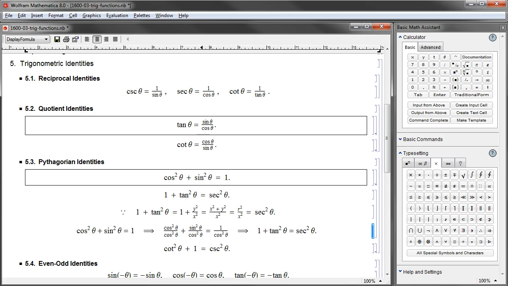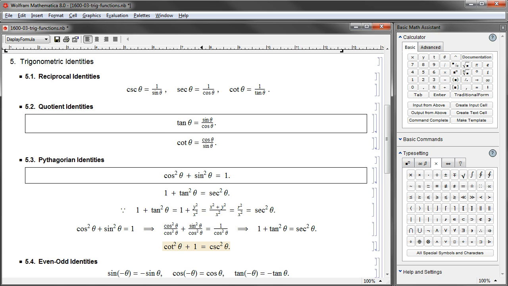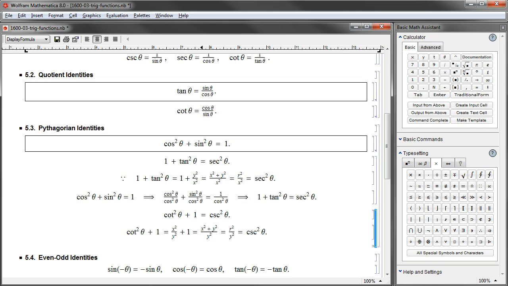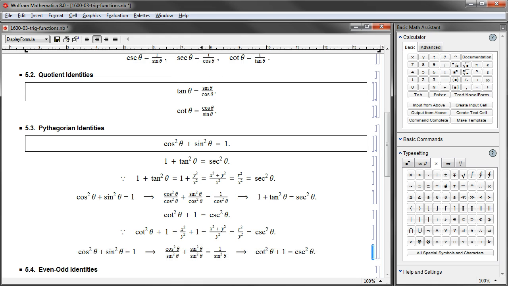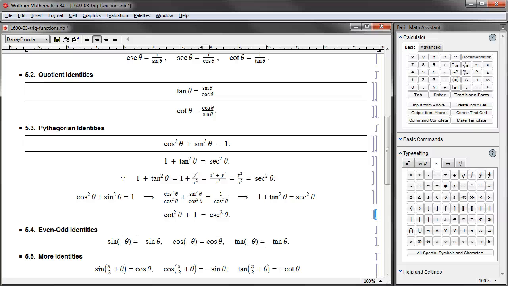You can do something similar to this one. You can prove it either directly using the definition, or you can start from the original Pythagorean identity and divide both sides by sine squared. Either way, we'll have this cotangent and cosecant identity.